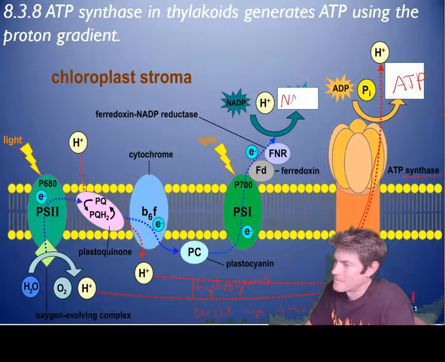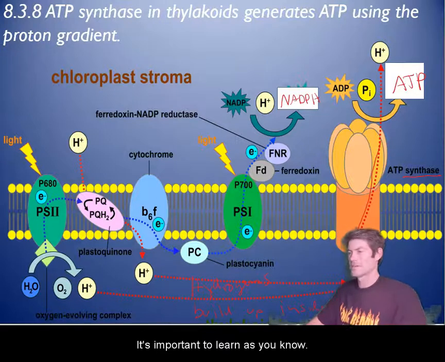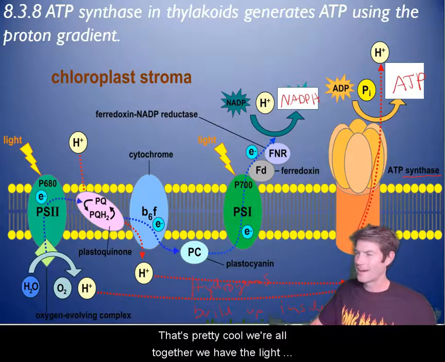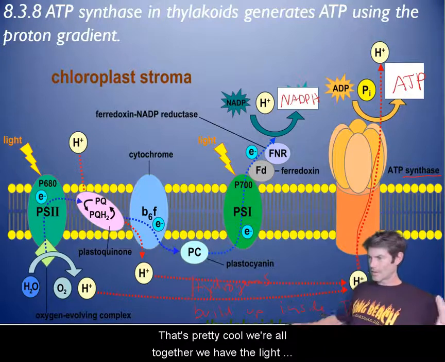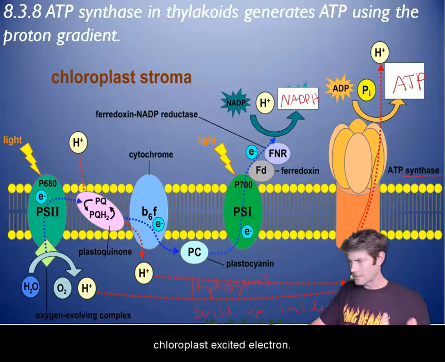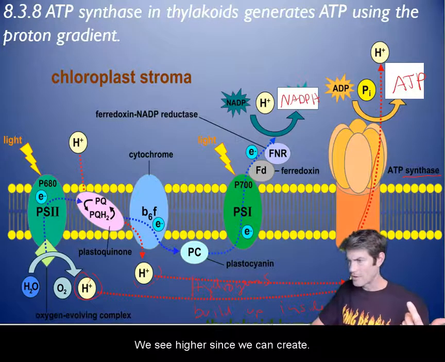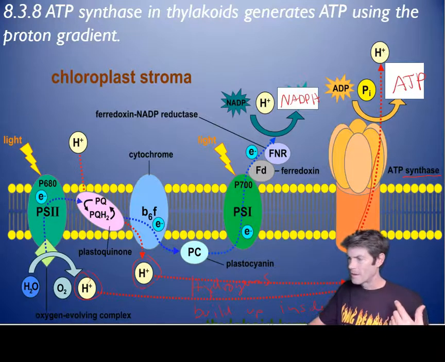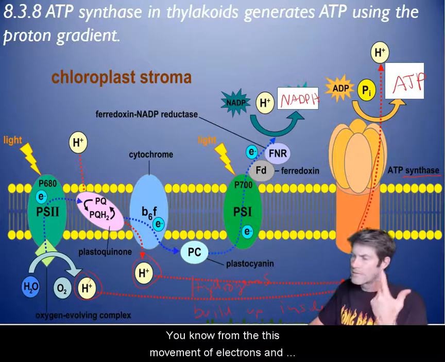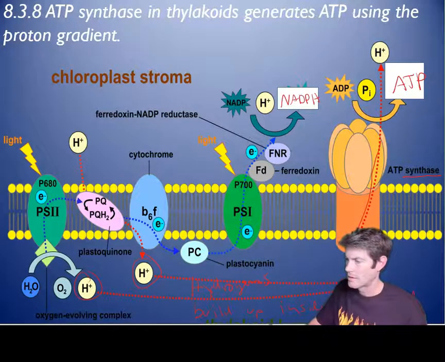NADPH now. Repetition is important to learning, as you know. And that's pretty cool. All together, we have the light hitting both these photosystems, both showing chloroplasts exciting these electrons. We see hydrogens being created from this movement of electrons and the splitting of water.